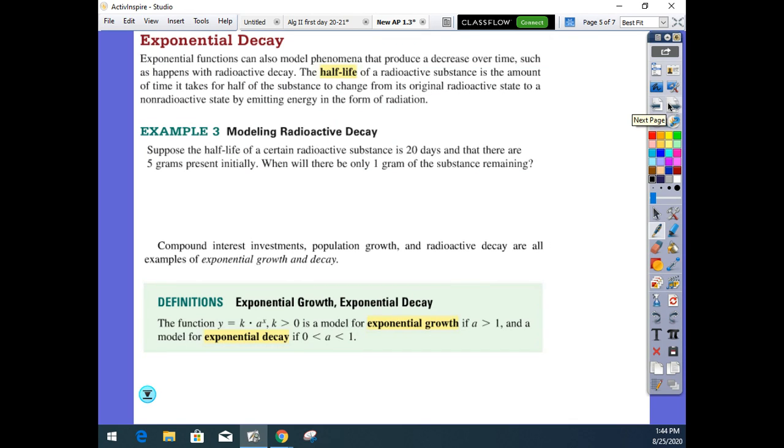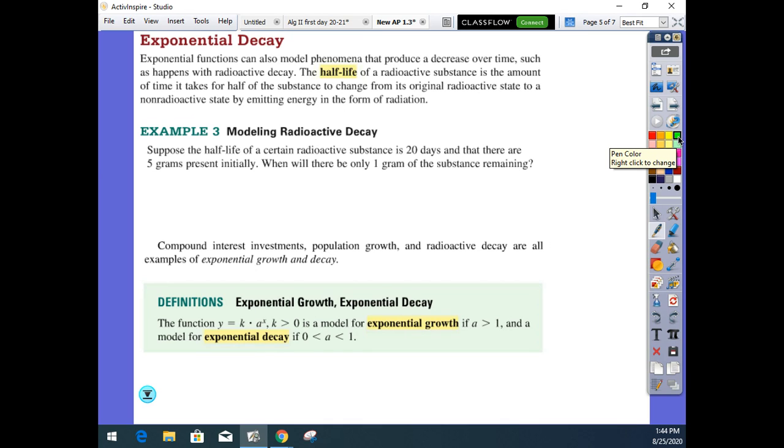Okay, so not only can exponents grow, they can decay. Exponential decay is like radioactive decay in biology. It says, suppose the half-life of a certain radioactive substance is 20 days, and there are initially 5 grams present. So first, let's try to understand what that's telling us.